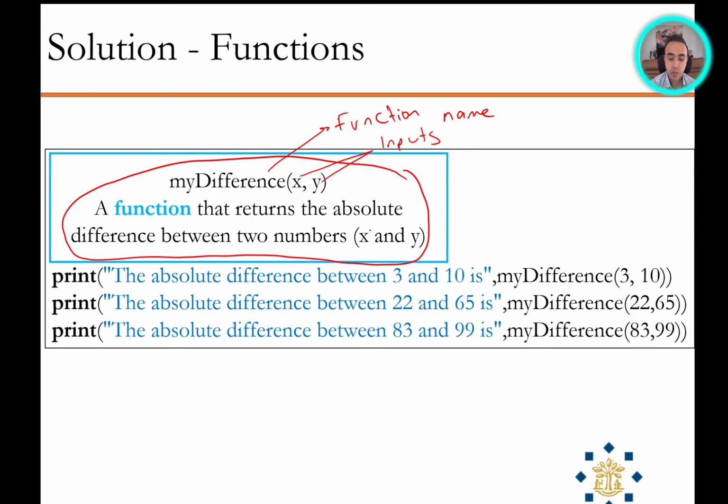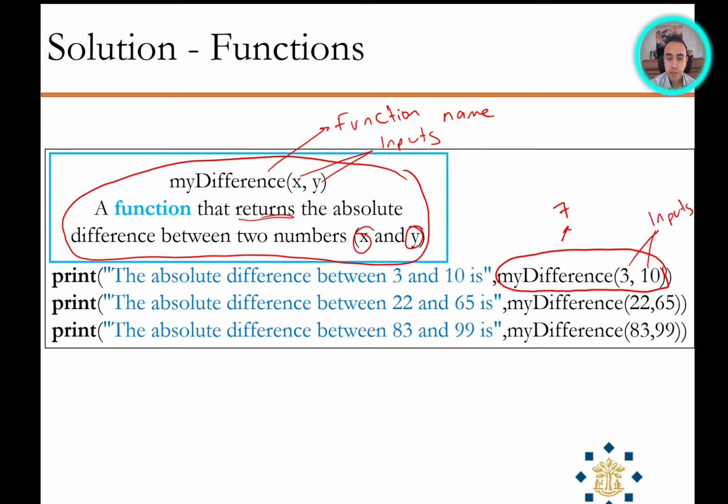So you give in two numbers, x and y, to this function, and then what you get out of it, that returns to you the absolute difference between the two. So if we write the absolute difference between 3 and 10 is, and then here is the function my difference 3 comma 10, this will give us 7, because we call this function by its name, and then we give in two inputs, right?